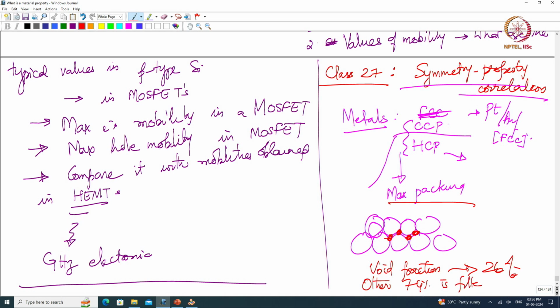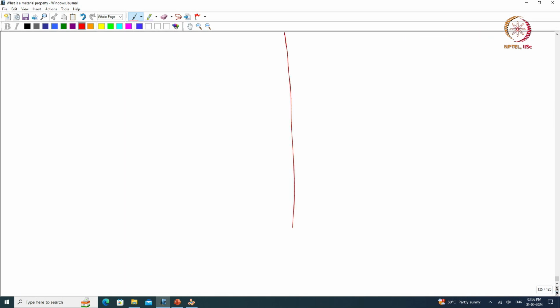These are standardly studied in metallurgy, because most metals try to pack themselves, so metallic bonding is such that you can just model it with hard spheres, and they pack themselves in such close packing structures, right. Now CCP, so for example platinum, gold, all these things take a CCP, cubic close packed structure, and the crystal structure, right.